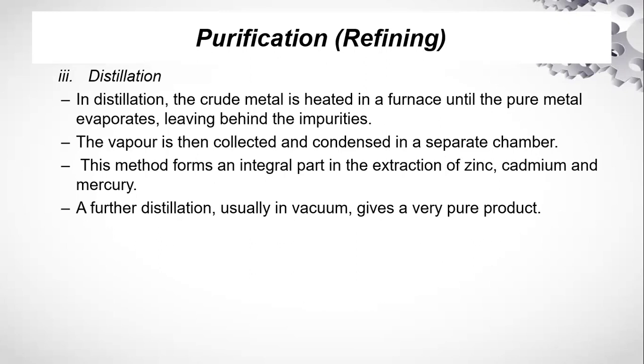The vapor is then collected and condensed in a separate chamber, whereby you obtain a pure substance. This method forms an important part in the extraction of zinc, cadmium, and mercury. A further distillation, usually in vacuum, gives a very pure product.